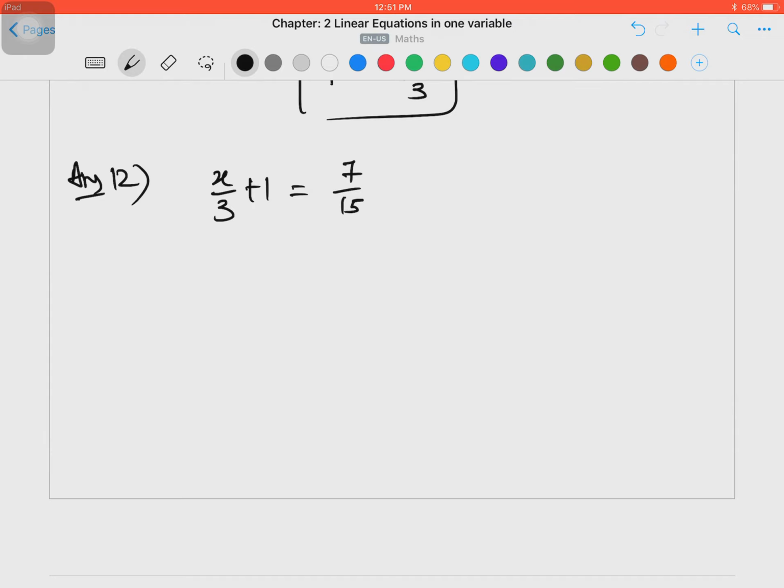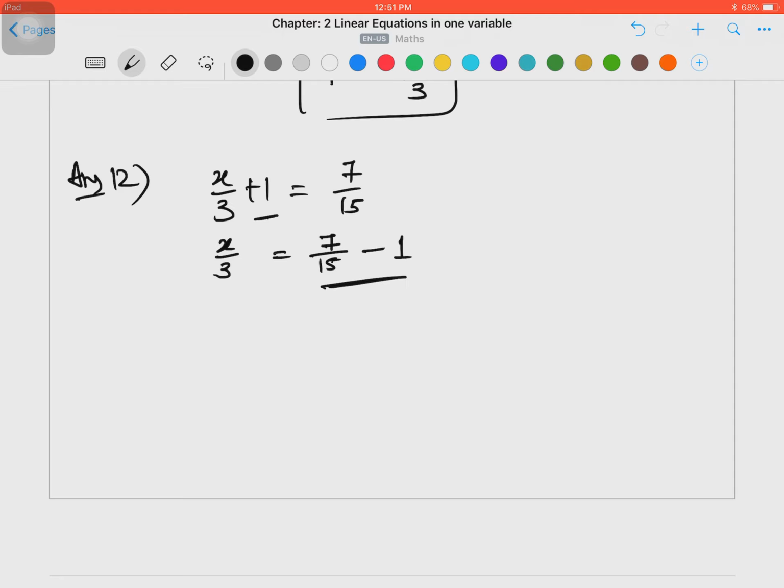So what we're going to do is, first keep this variable term x by 3 onto the left hand side, on the right hand side we have 7 by 15, and this plus 1 will become minus 1 here.